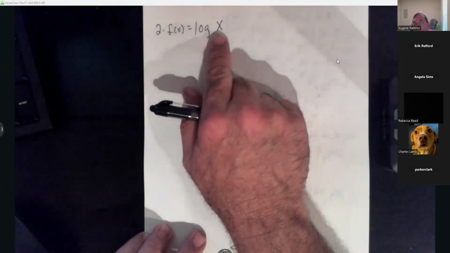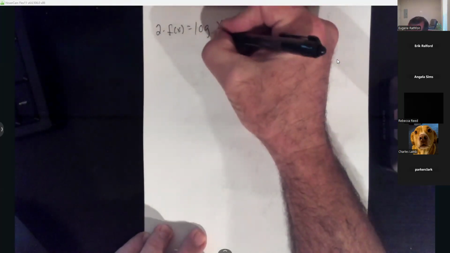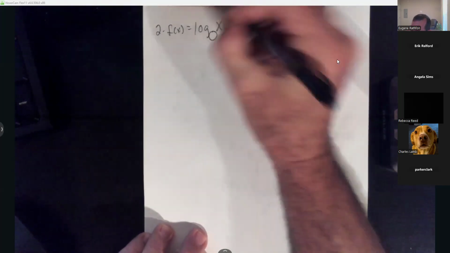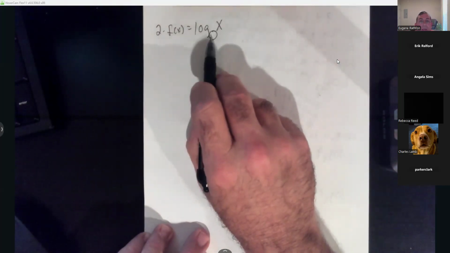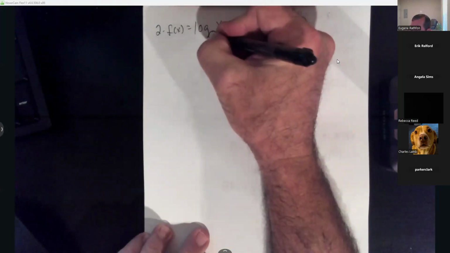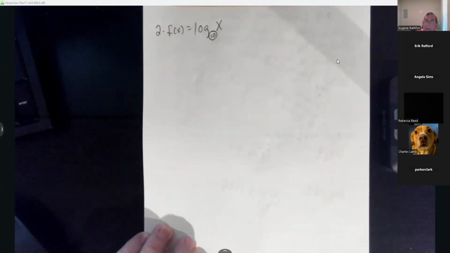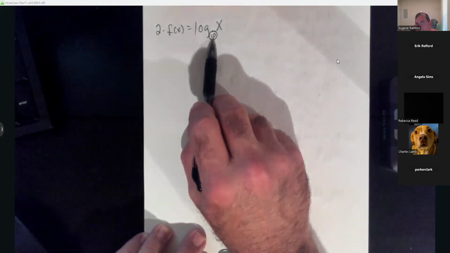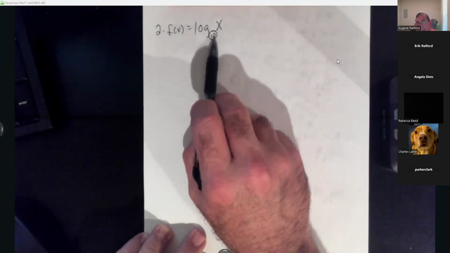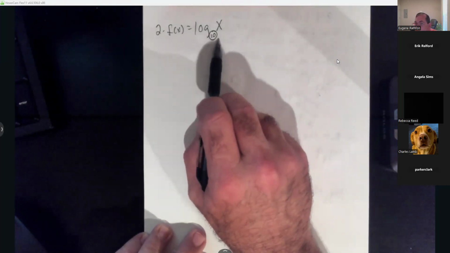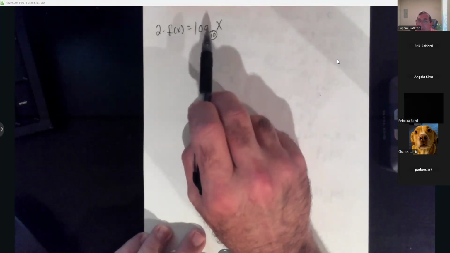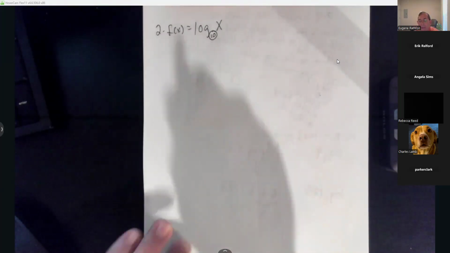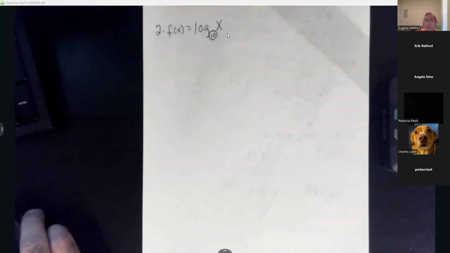That's what I would use for this one. If there's not a base shown, it's automatically understood to be a 10. This is what we call a common log, a log base 10. So they don't have to write the 10. It is understood to be there, okay? So on this one, I'm going to use the log that's on front of the calculator.